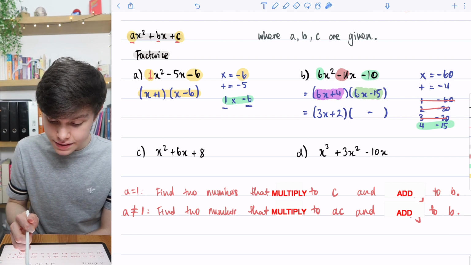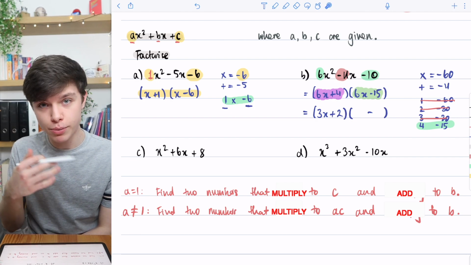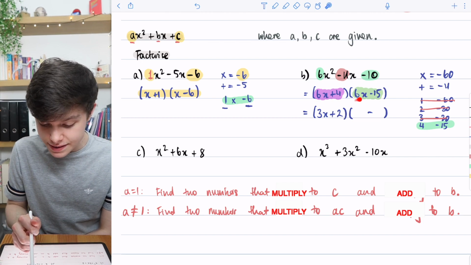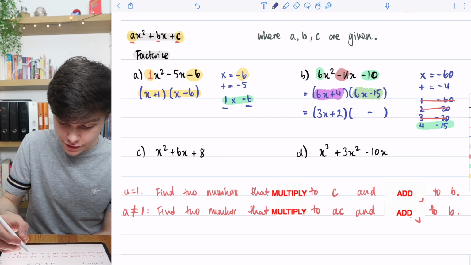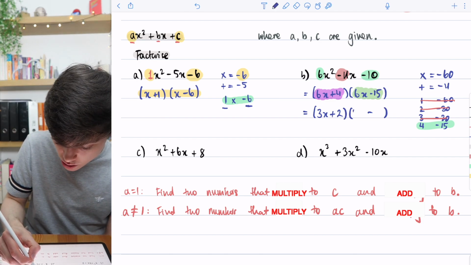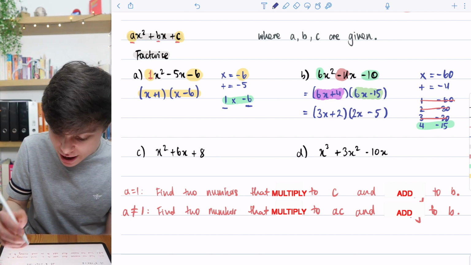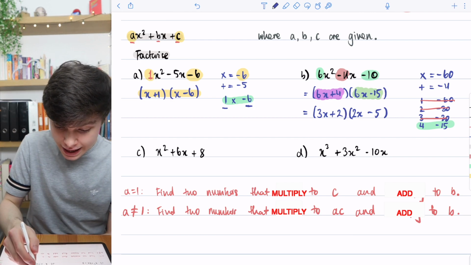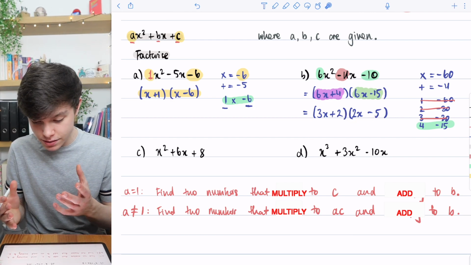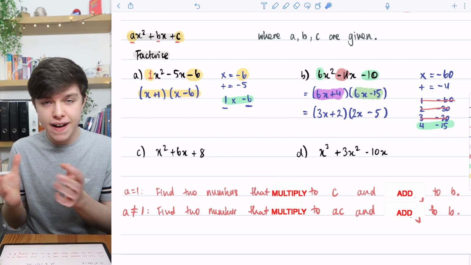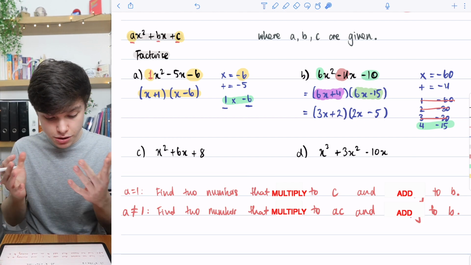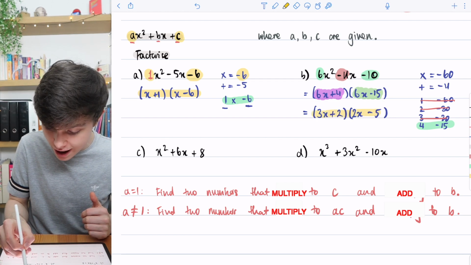Because when I do that, 15 is in the 3 times table, we'll get minus 5, and 6x divided by 3 will give me 2x. So dividing both of those by 3 will give me 2x minus 5. And I can't do anything else with that bracket, that's just as it is. 2x and minus 5, I can't find a common factor of both of those terms. So that is my final answer.